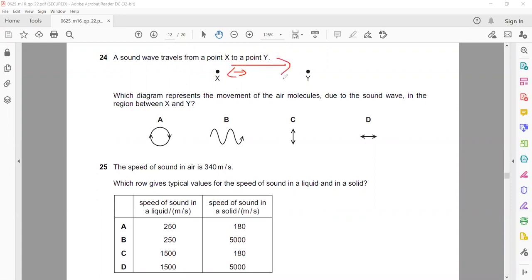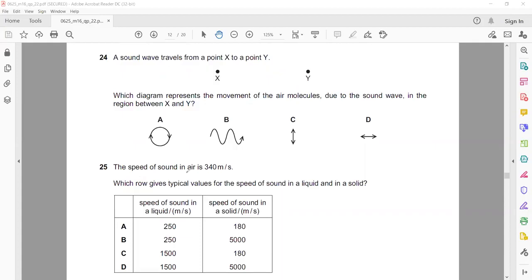If the wave is traveling between X and Y, then D is the answer. But for example, if the same question were repeated and instead of sound they mention water waves, then the waves will travel in this manner but the particle will move differently, and in that case C will be the answer. But here they're asking about sound waves, that's why D is the right answer.